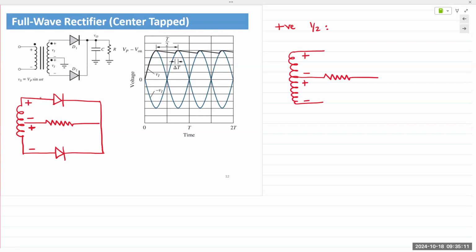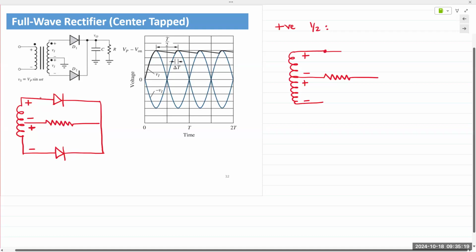Yep. D1 is on and D2 is off. The circuit looks like this. D1 on, D2 off.